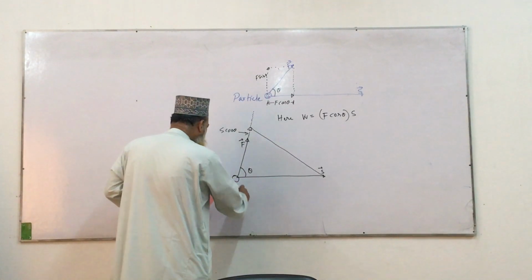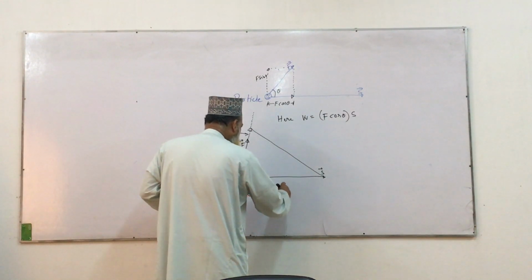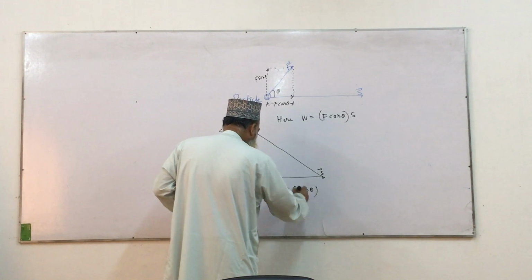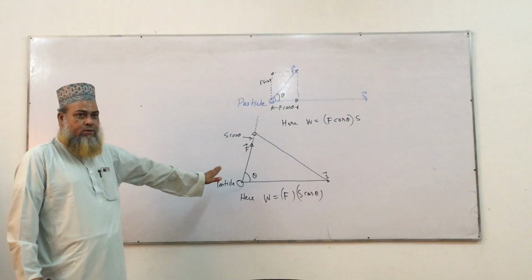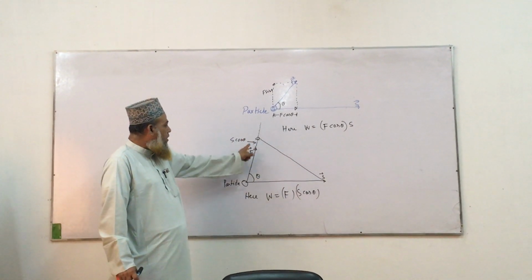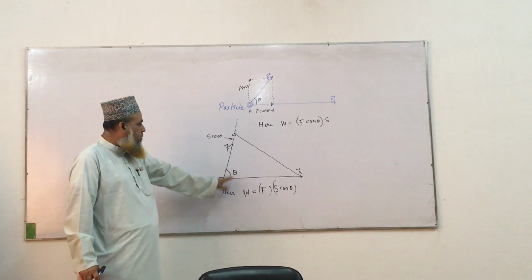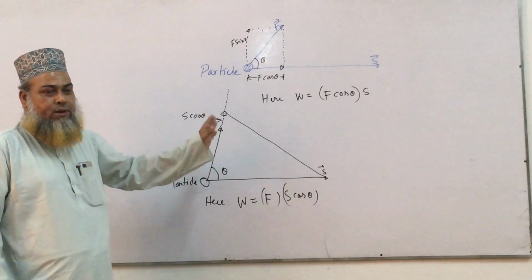Here W is F multiplied by S cos theta. Understood? I have this F, the component of S along this direction is S cos theta. Multiply these two. They are both parallel, multiply these two, you get the work done.